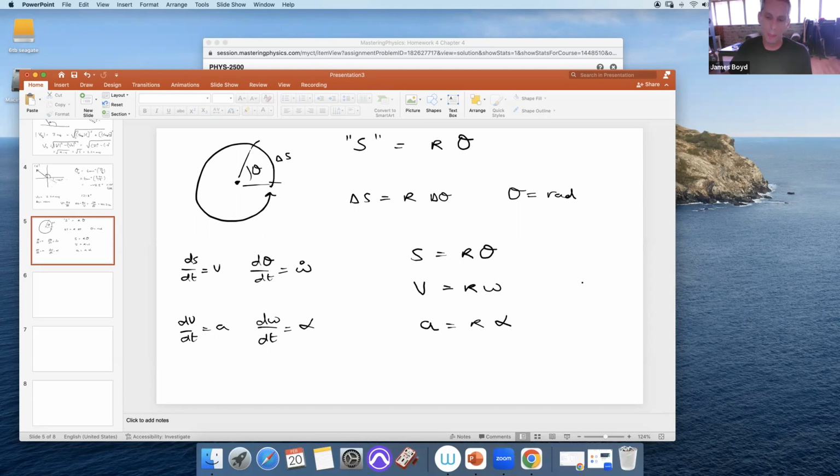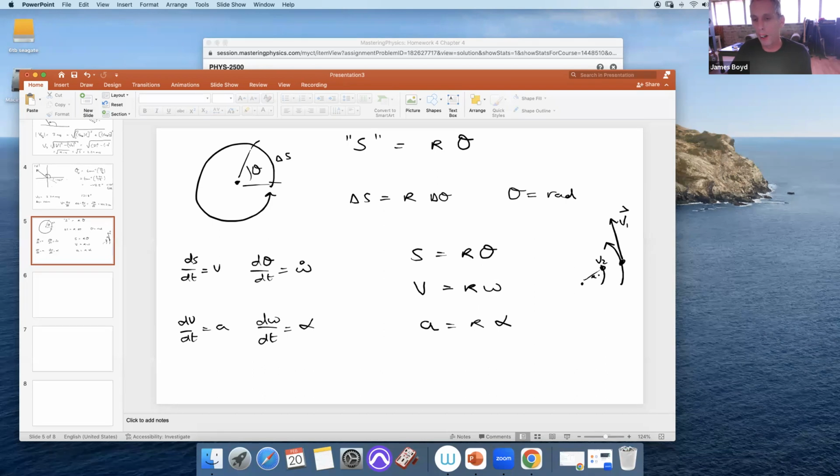But to be clear, as you're going around a point, s would be the change of arc length. V would be tangent to the path. Omega is actually the same at every point. V will be different depending on your radius, because omega is the same for every point, but V changes based on where you are.